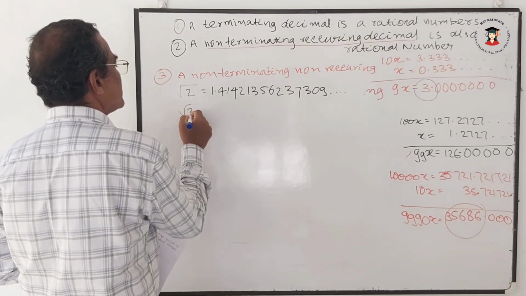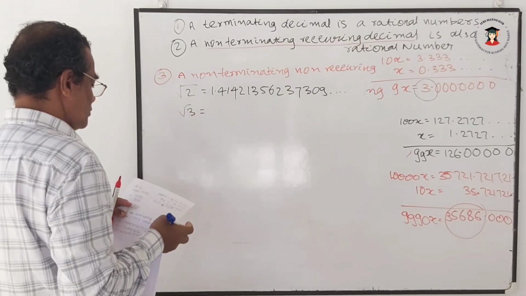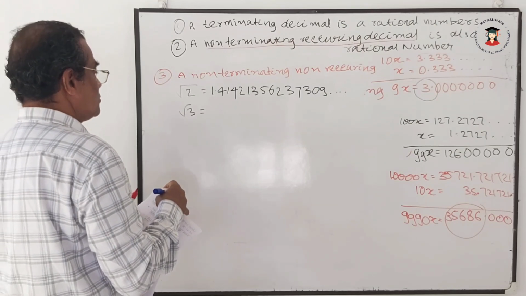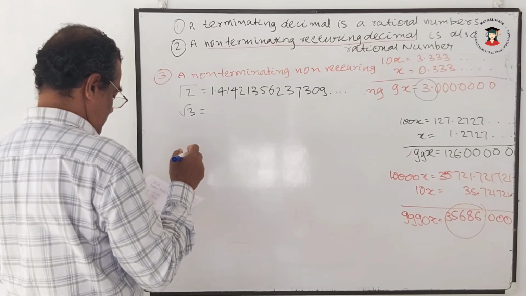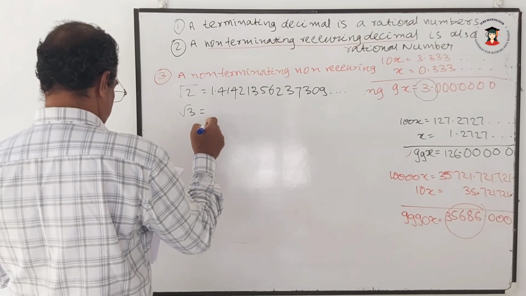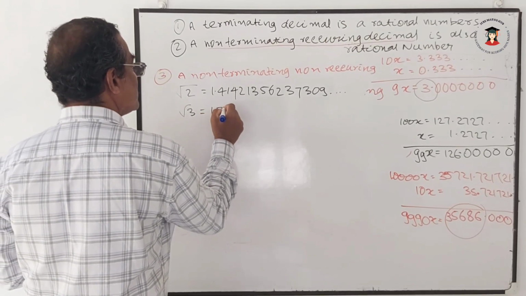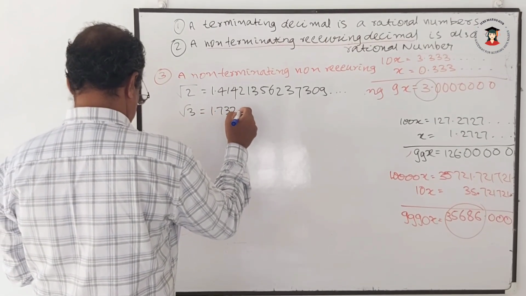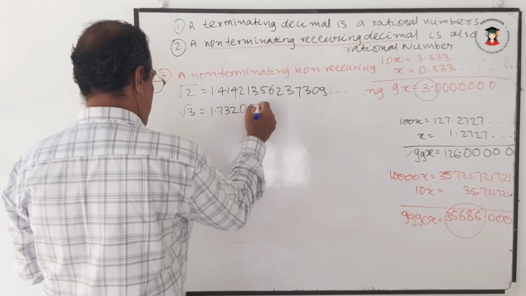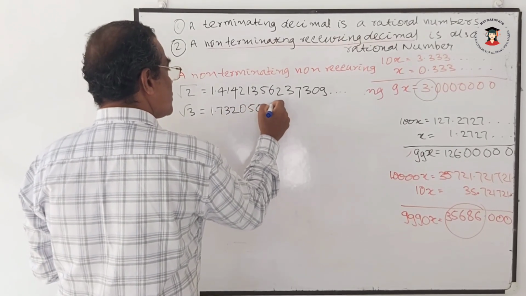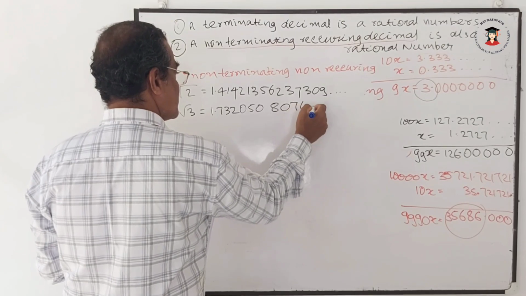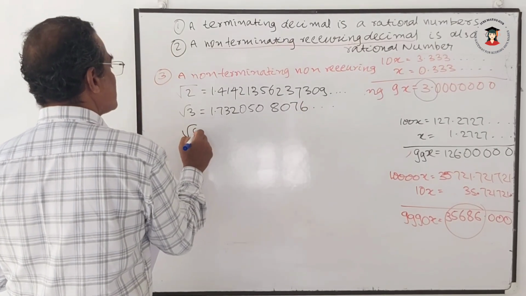Root 3 also is such a number. If you are going to find the square root of 3, you will get 1.732 050 8076, etc. And root 5 is also such a number.